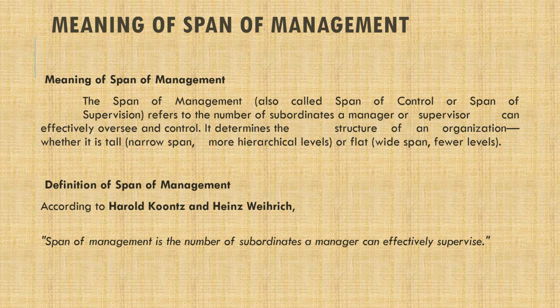The number of people controlled by a manager means how many people are there in the group being controlled by the manager. How many people are controlled by the manager is called span of management, in simple terms.